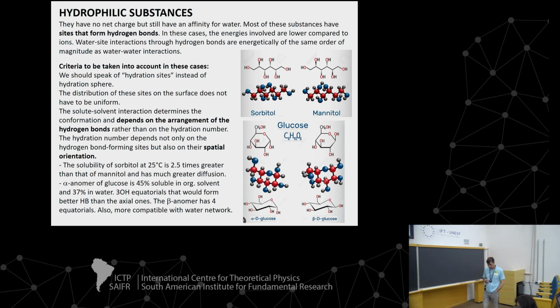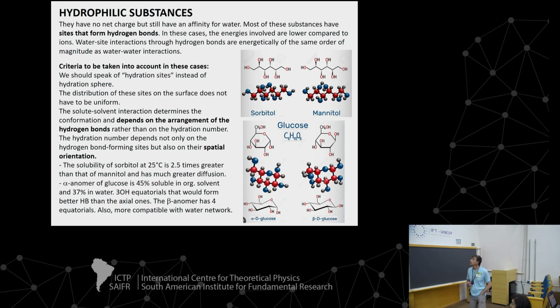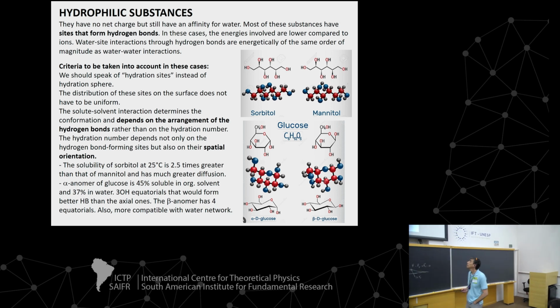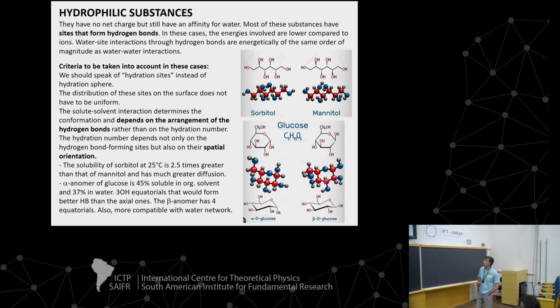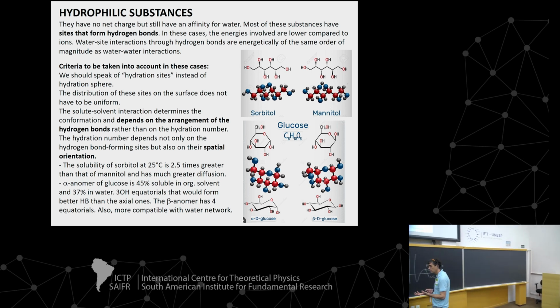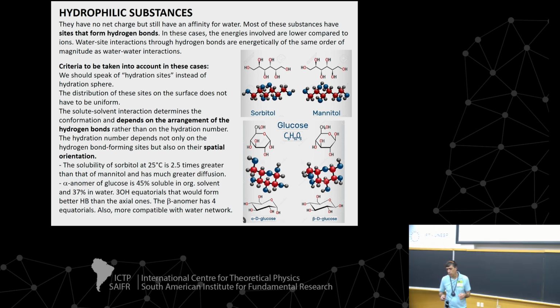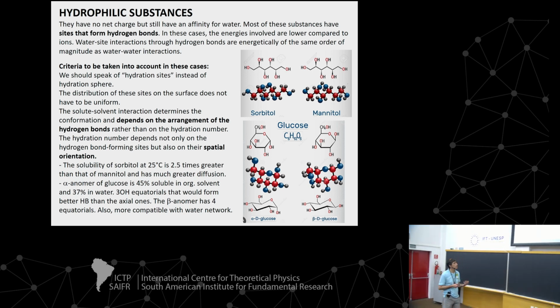It is interesting that these systems can form interactions, but this depends not only on the presence of these hydration sites where they form hydrogen bonds, but also on the orientation and the availability of these hydrogen bonds.